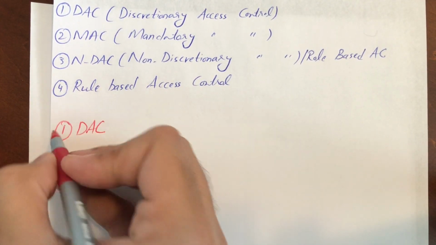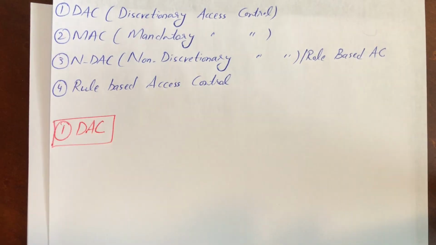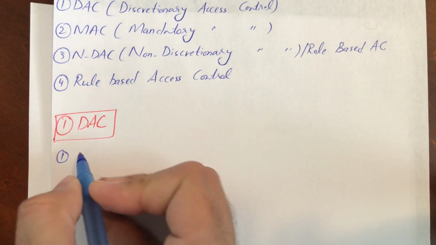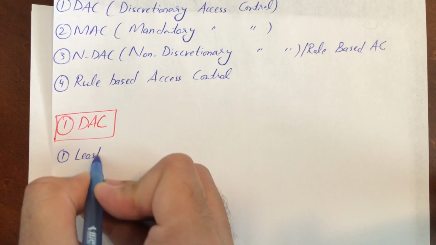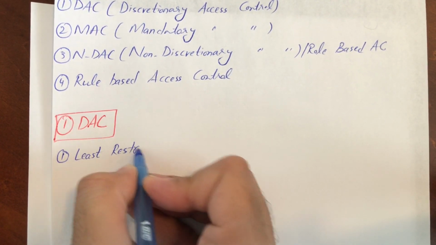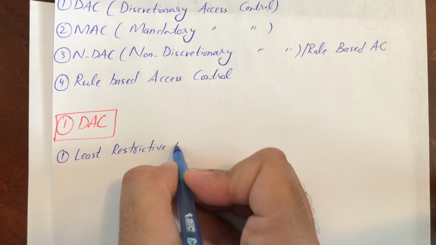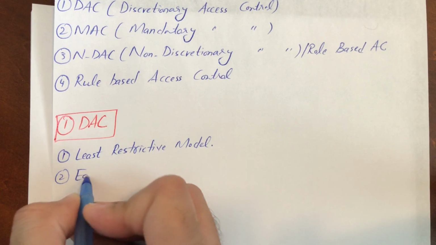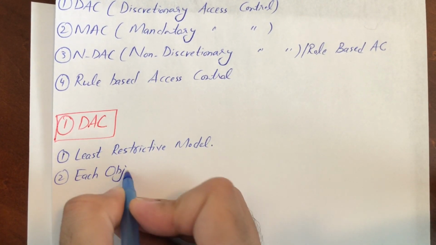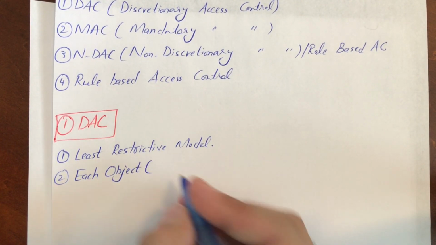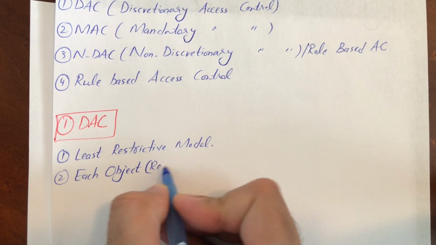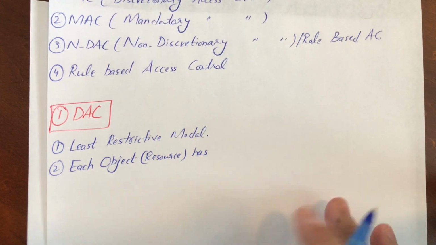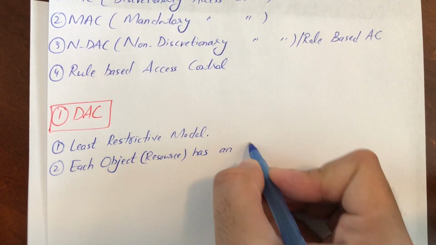Discretionary access control model: first of all, what is this particular model, and what's the difference between DAC and the others? The first point is that DAC is the least restrictive model. Each object, and as you know, an object is basically a resource, has an owner.